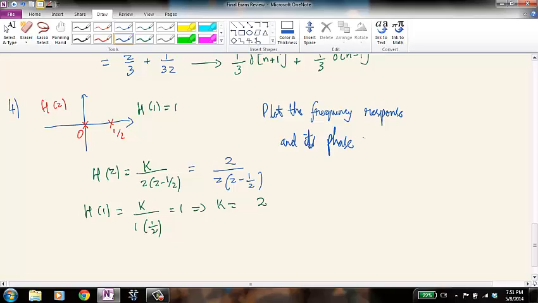Usually what that means is you plug in z equals e raised to I 2 pi f. Okay, and f is your frequency in hertz or whatever.